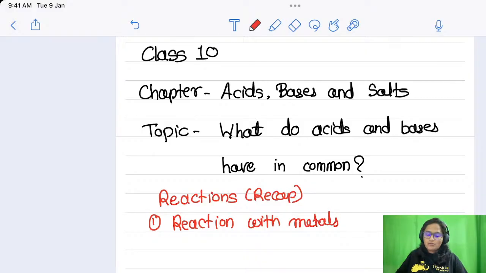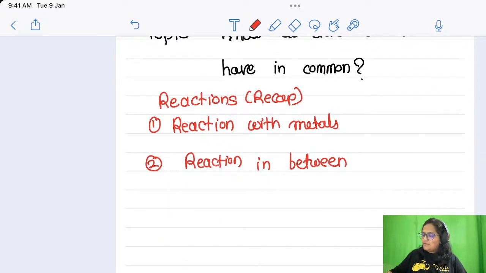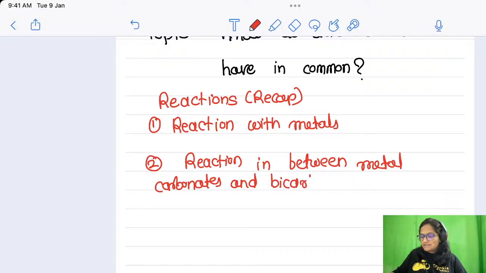Metals react with acids or bases to give metal salt. Then we saw the reaction between metal carbonates and bicarbonates with acids.